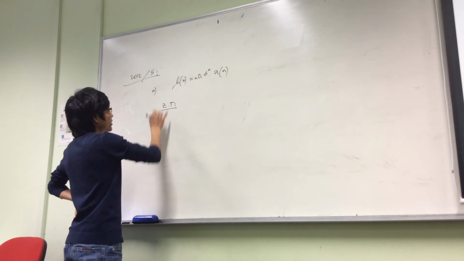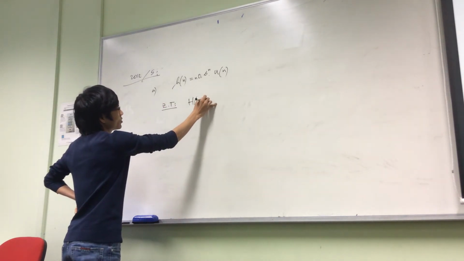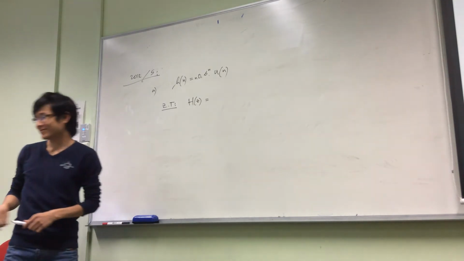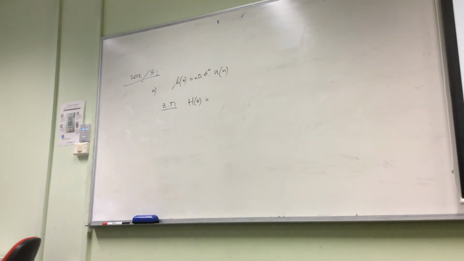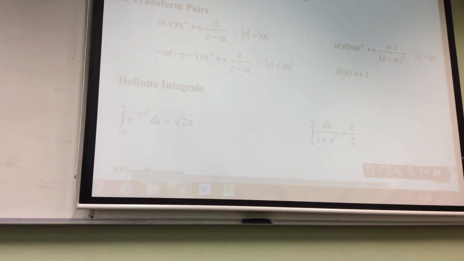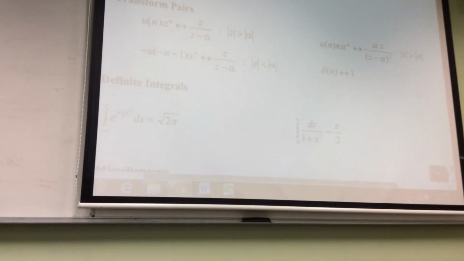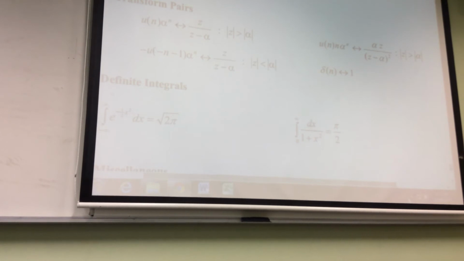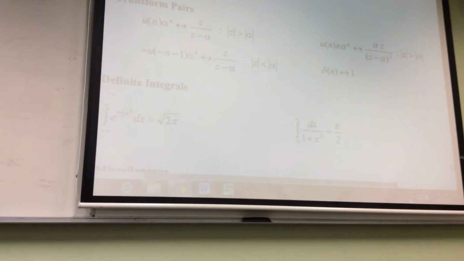So H(z) equals the sum. Go to the formula sheet. Which one? This one will be the second one, which is z over z minus alpha square. Am I right? Isn't it the first one? Second one. Did we do this correctly last time?